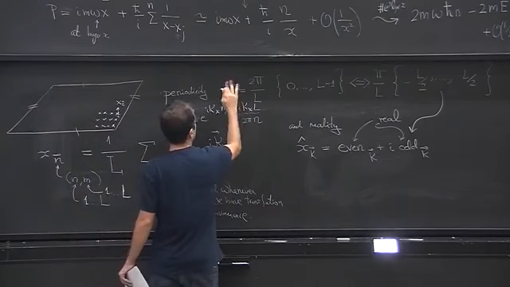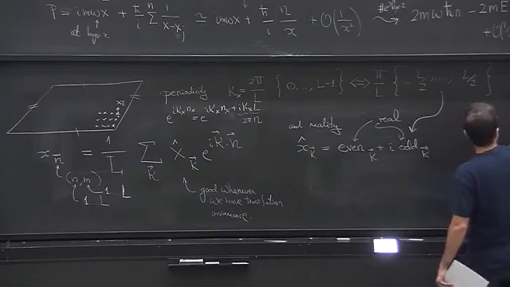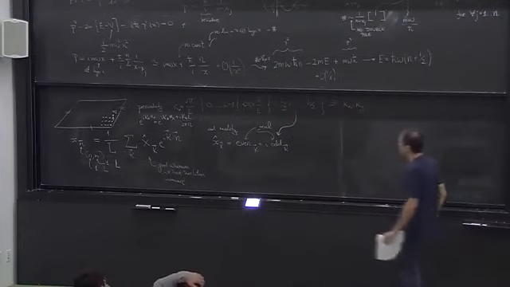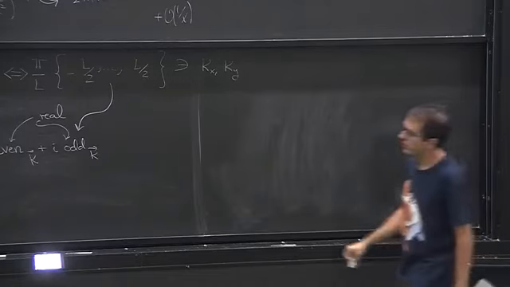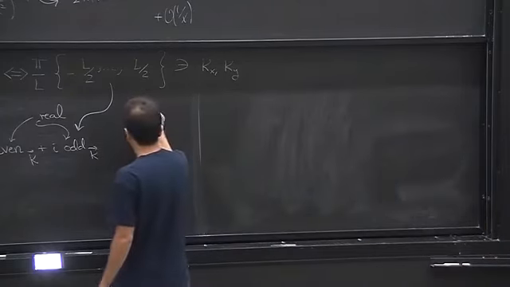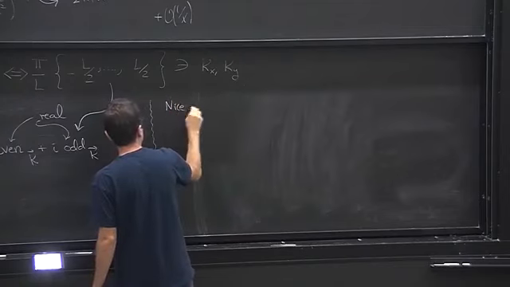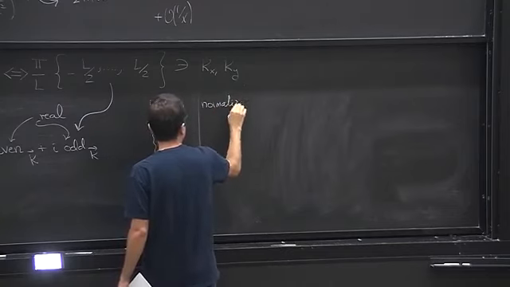So here I have kx given by this. So kx and ky both belong to this set. Okay. And now notice that this is a nice normalization.